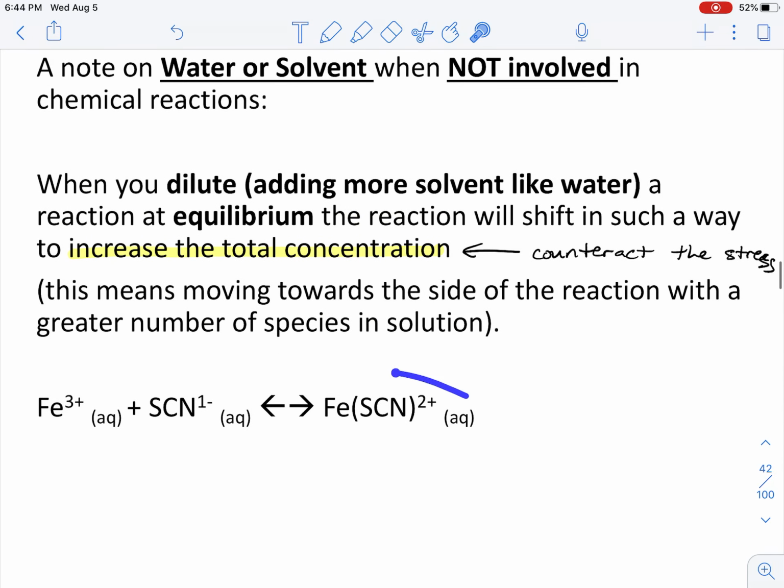And so for this specific example, if we increase the volume of water, which happens to be a solvent, it's not taking part of the chemical reaction.